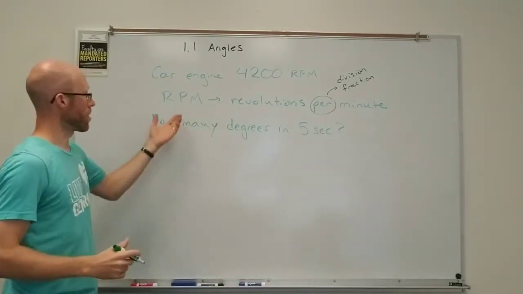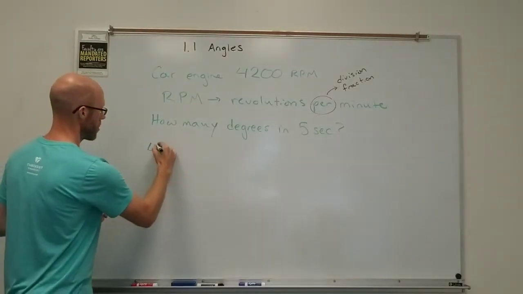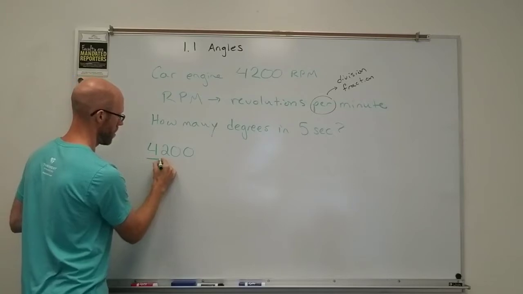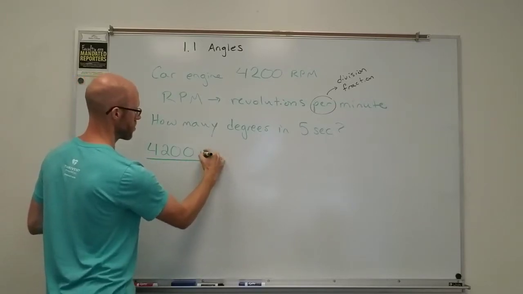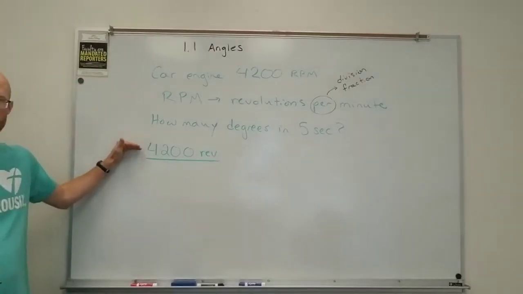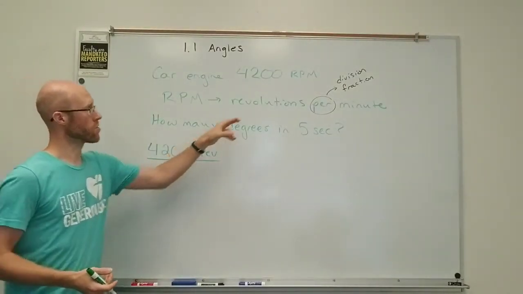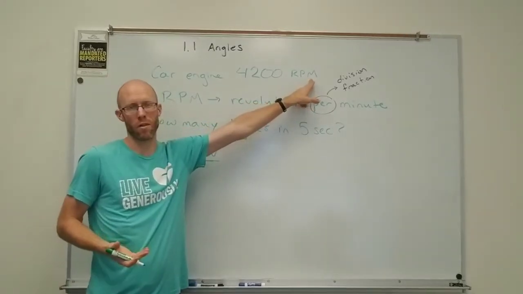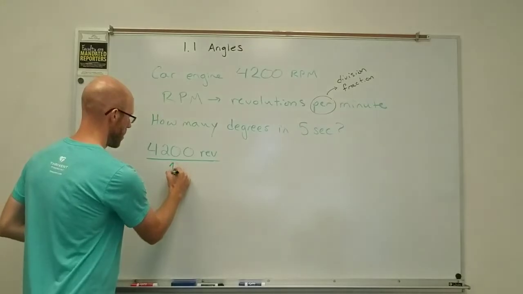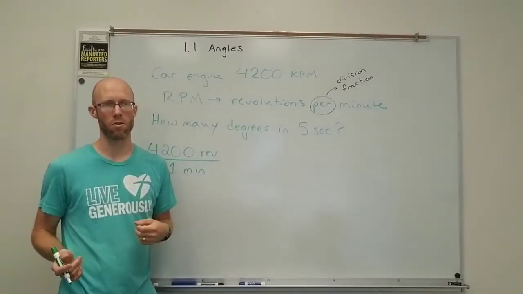So if I were to convert this, I would start with the 4,200 revolutions, which I'm going to abbreviate as REV. That's going to be my numerator in the fraction. The denominator is going to be the minutes. Well, it's per minute, per 1 minute, so it's 1. I'm always going to keep the units attached to the numbers.